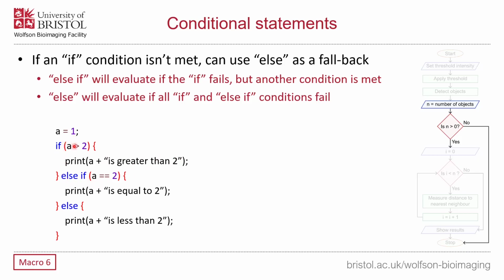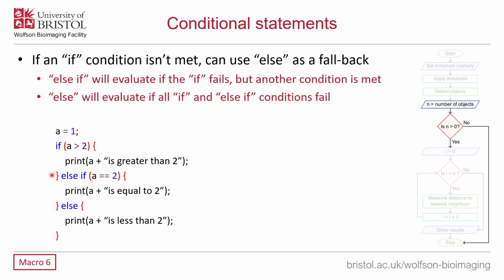However, if a isn't greater than 2, rather than just skipping straight to the end, we'll say, well, let's hold on, let's give it another shot, let's try something else. So say else if a is equal to 2, and then if that's the case, then it'll do this and say a is equal to 2. And failing all that, you can just use a standard else statement. And what this will do is this will execute if both of these have failed.